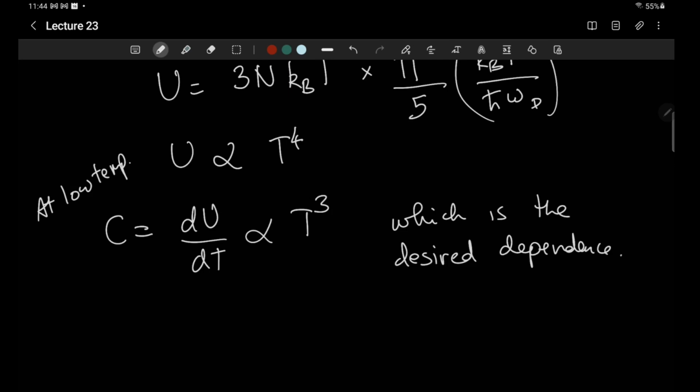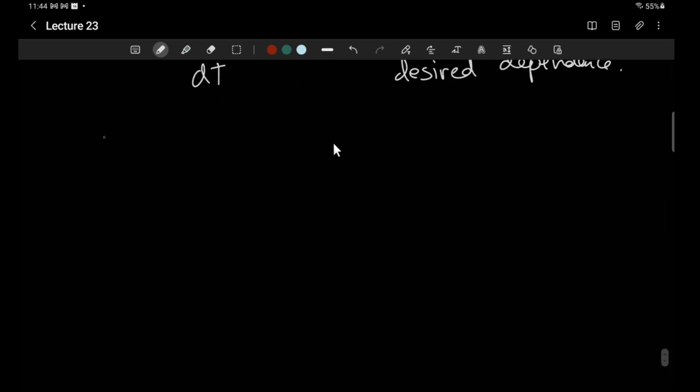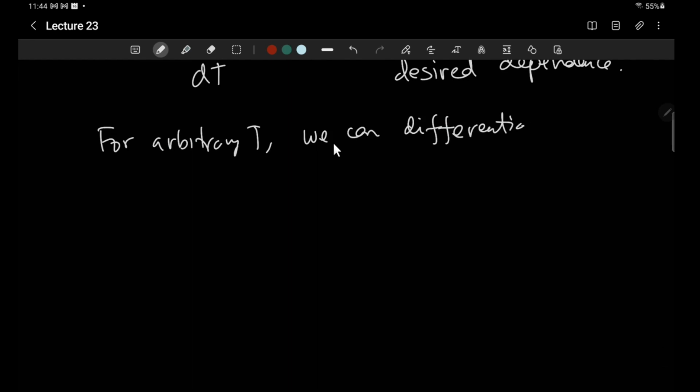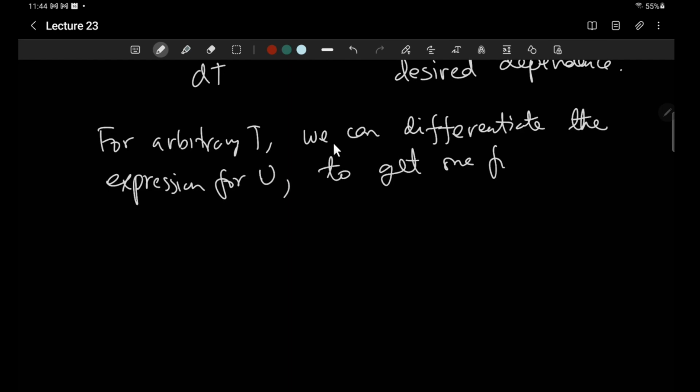But actually you can go ahead and do some work and you can get an explicit formula for arbitrary T. You can differentiate to get C. So let me write what you would get from that. Again, 3N k_B is the answer at high temperature.